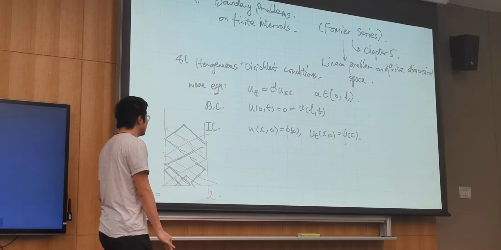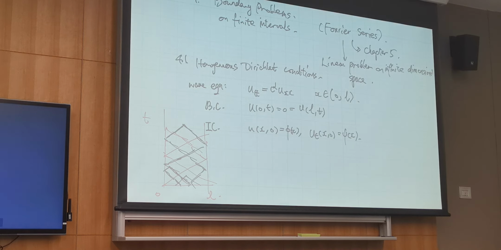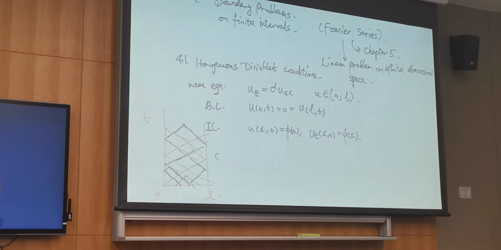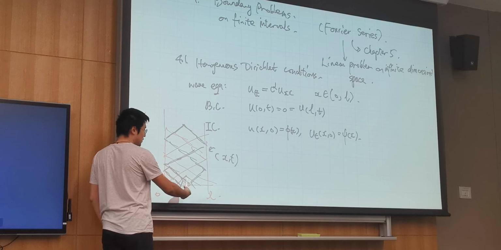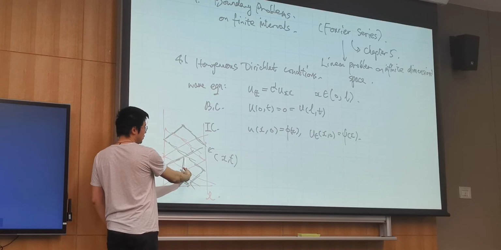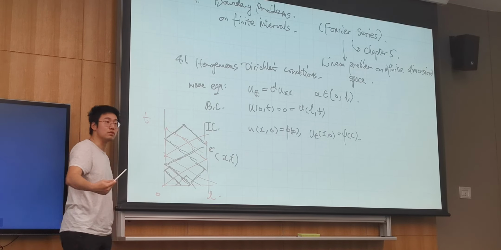The number of reflections is determined by which zone the point (x,t) is in on the strip. If my (x,t) is over here, then the number of reflections is going to be 1 and 1. Over here it's going to be 2 and 1, 1 and 2, 2 and 2, and then 3 and 2, 2 and 3, 3 and 3, and so on.